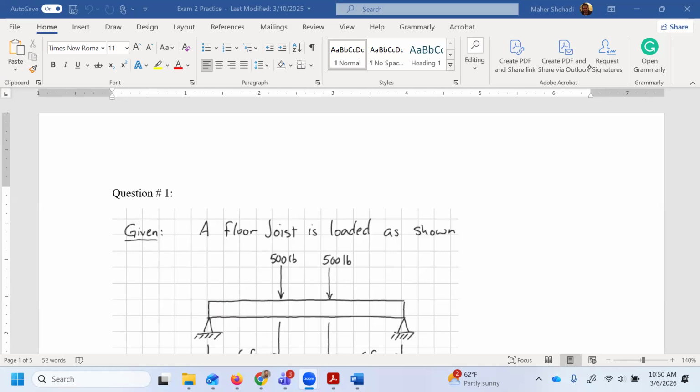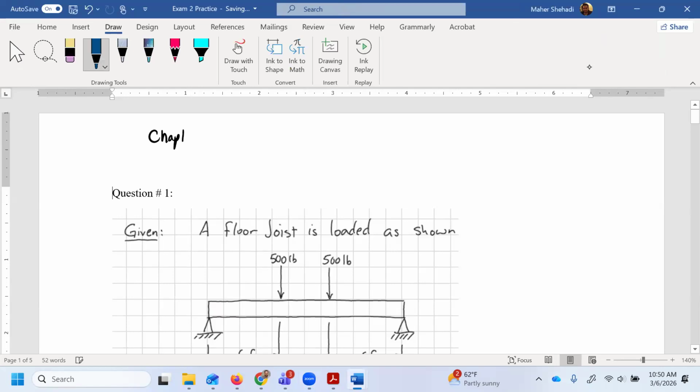We have chapter 4, of which we only need the equilibrium equations, so there won't be exactly any problem asking literally about the problems that we solved in chapter 4.